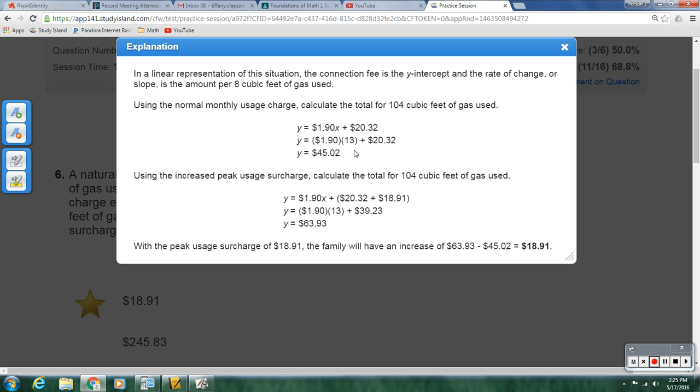Yep. Okay, so that's where the 13 came in. So on a normal month, they have that. But on this one, they get the $1.90 times the 13, plus that connection charge, and there's that one. So then when we subtract those two, which is what they did here, that's where the $18.91 came from. Alright, next question.